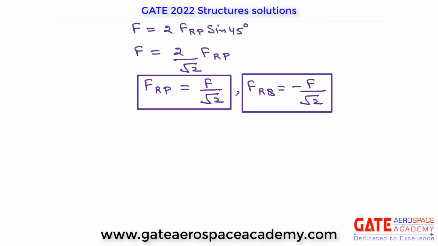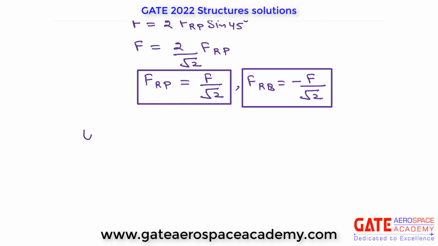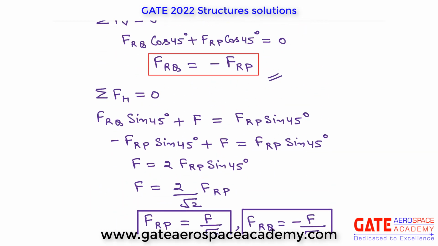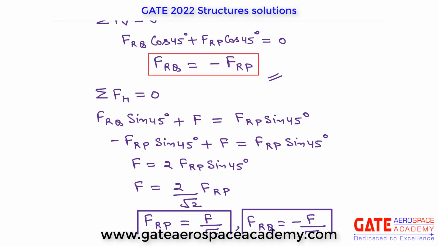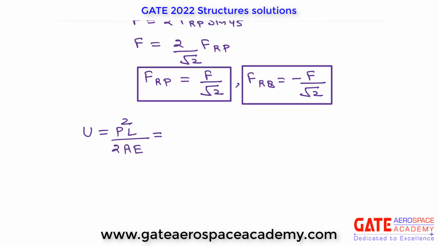Now we can find out total strain energy U. Right, so that is P square into length upon 2AE. So first of all for this member RP and then for RQ. For RP, force P is F by root 2.